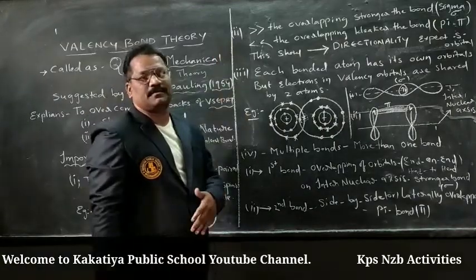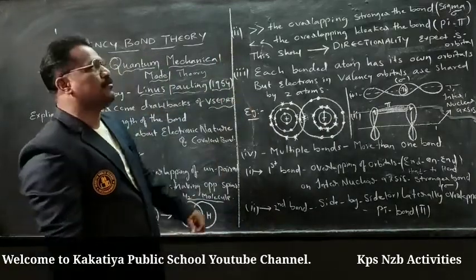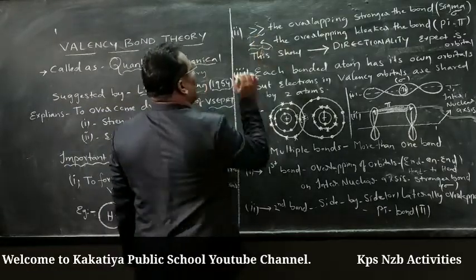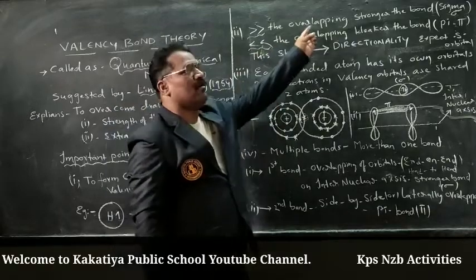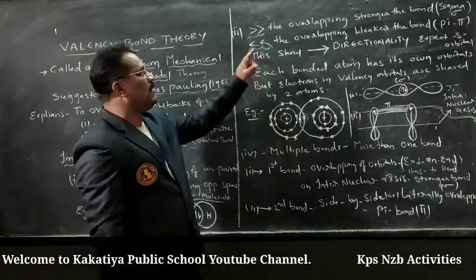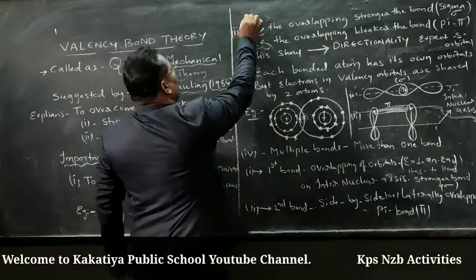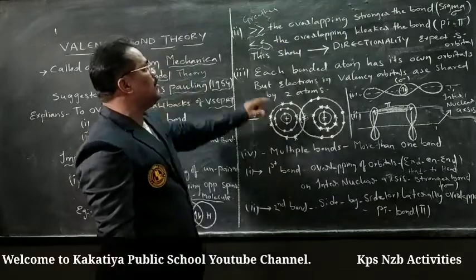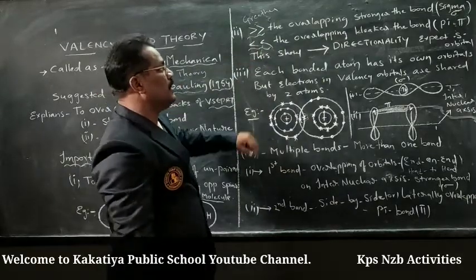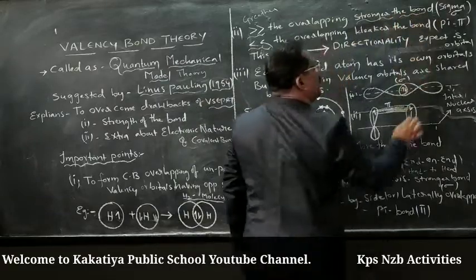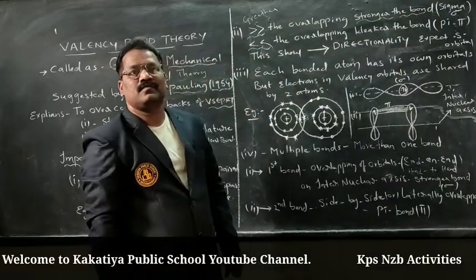Coming to the second point. When the bond is forming, it depends upon the overlapping of valency orbitals. If the overlapping of valency orbitals is greater, then a stronger bond will be formed.